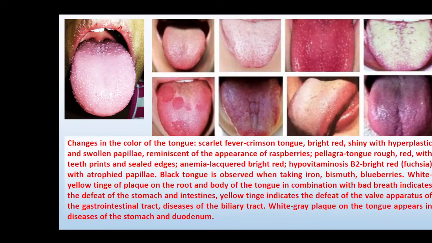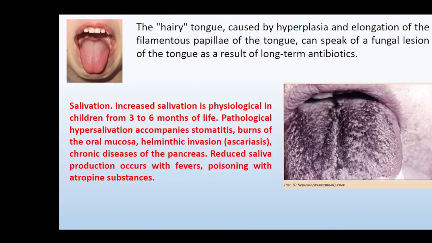White plaque on the tongue appears in diseases of the stomach and duodenum. The hairy tongue causes hyperplasia and elongation of the filiform papillae of the tongue. It's a fungal lesion of the tongue as a result of long-term antibiotics.